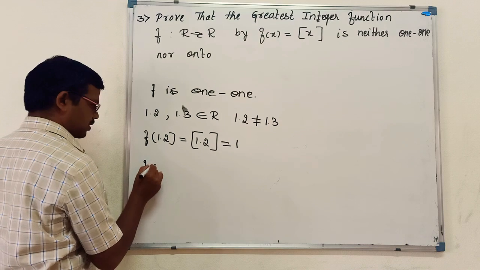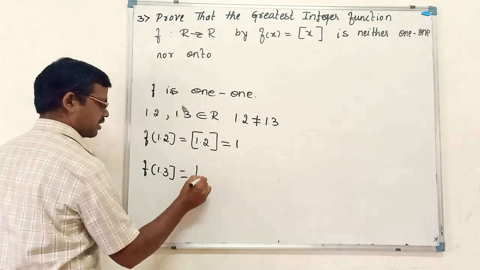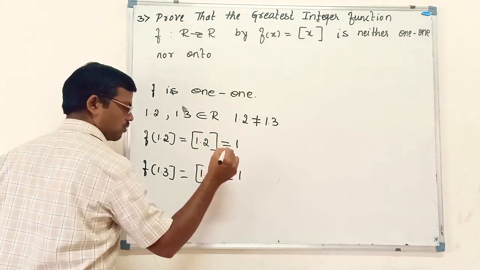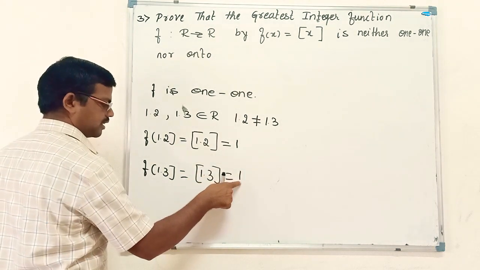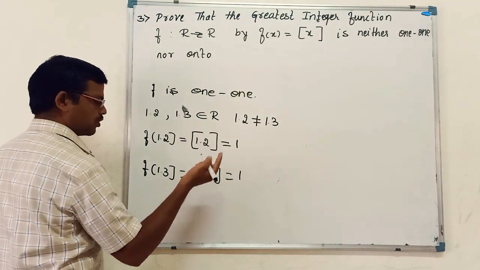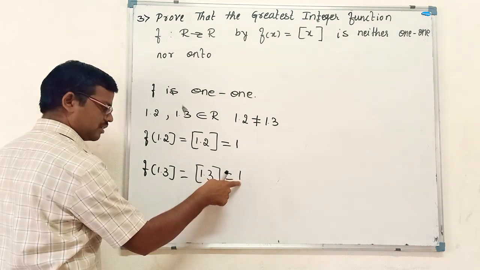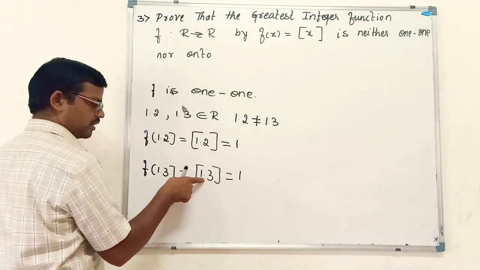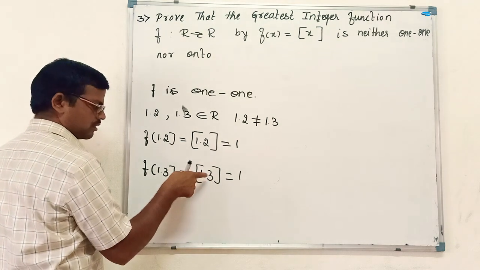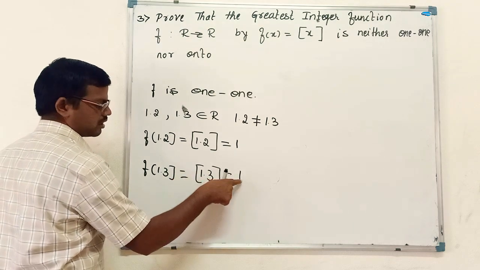Next, the image of 1.3: the greatest integer of 1.3 is again 1. Why? Because 1 is an integer less than 1.3. If you take 2, it is more, but according to the definition we have to consider an integer less than it. 1.3 is not an integer, it is a real number, and the integer less than it is 1.